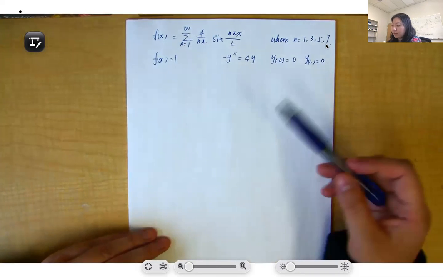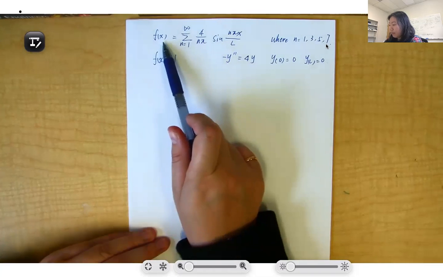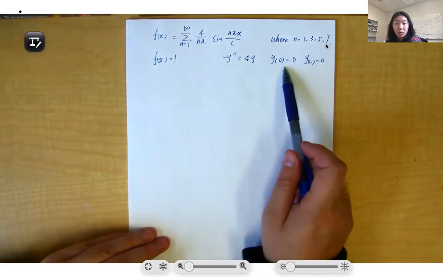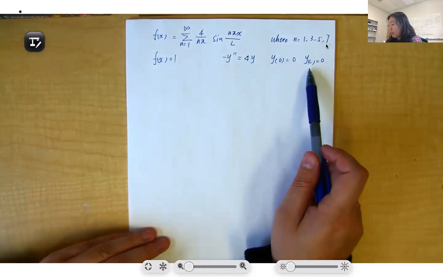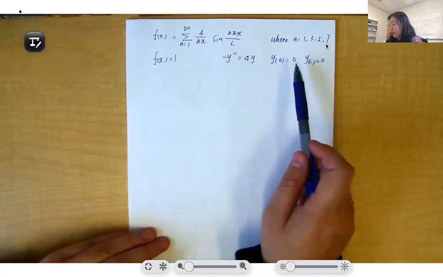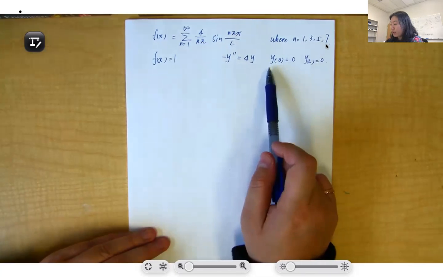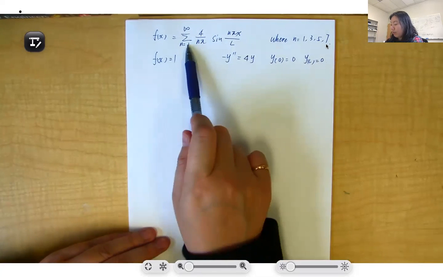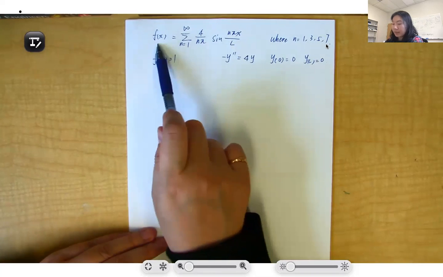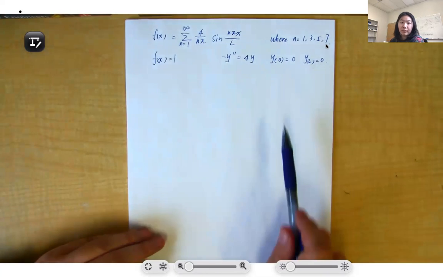When we derive this generalized Fourier series expansion to represent f(x) equals 1, x is indeed between 0 and L, but f(x) does not satisfy these boundary conditions. Let's see how MATLAB behaves for this derived expansion, even though f(x) does not fit the boundary conditions. Okay, so let's see the MATLAB.